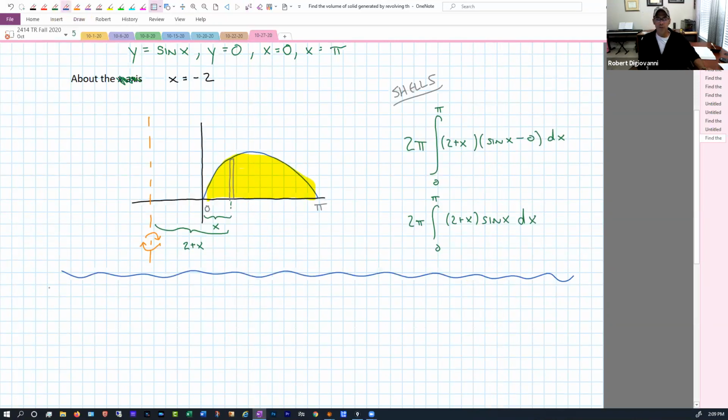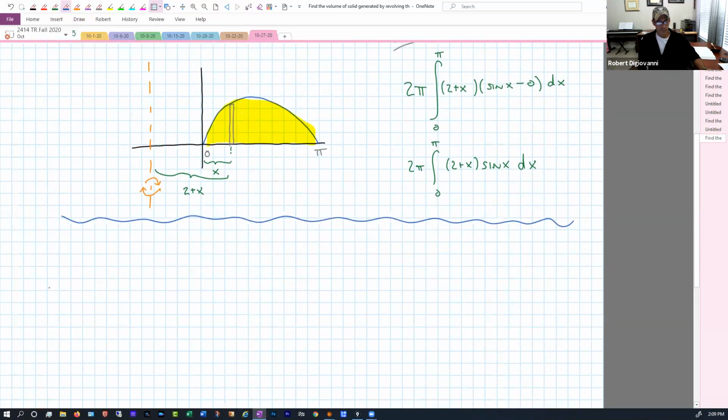So maybe I can generalize this. When you're using shells, here's really what you want. You want 2 pi integral a to b. Yes, you want top minus bottom. That doesn't change. Yes, you want dx. But this right here is not always x. It's the radius, right?